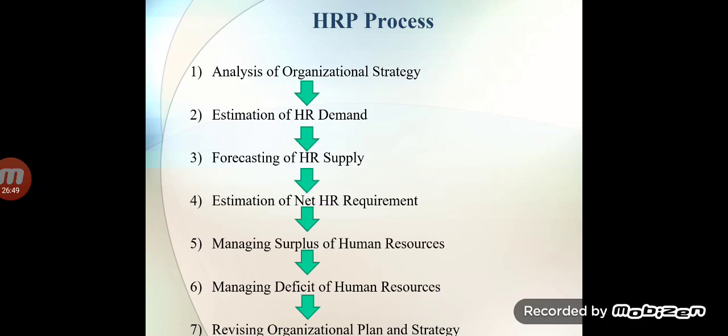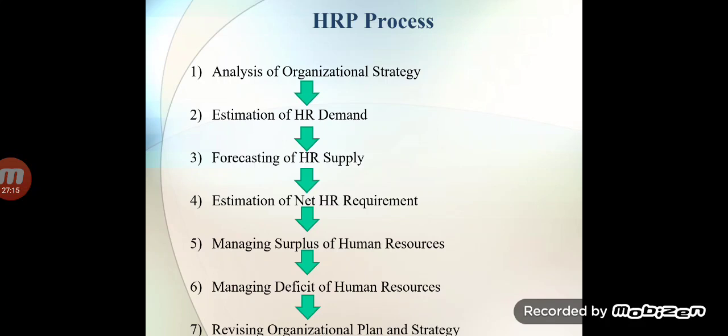If estimation shows surplus of human resources in the whole organization or in any department or unit, a plan is developed accordingly to adjust the employees. If surplus is estimated in some departments only, then some employees can be shifted to other departments by way of promotion, transfer or demotion to the extent possible.